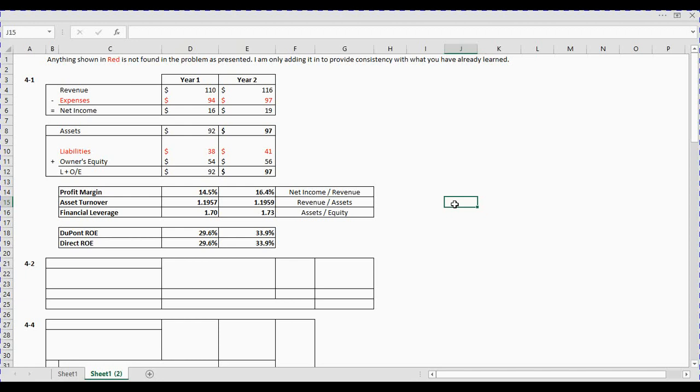If I get up to 2.0, then that means assets are twice the amount of my equity. And so a little quick math would say, well, then liabilities must equal equity, because if equity is 50% of assets, or assets are twice the amount of equity, then what must the other 50% be? It would be debt. So I'm somewhere between 1 and 2. I'm not all the way up to 2.